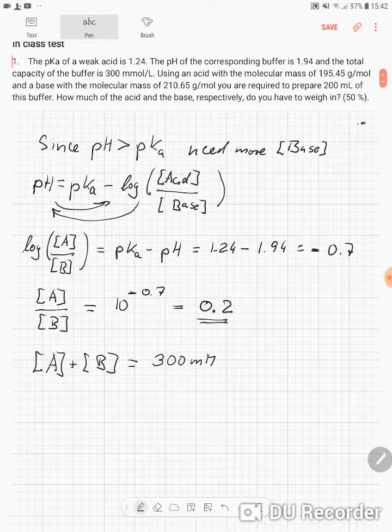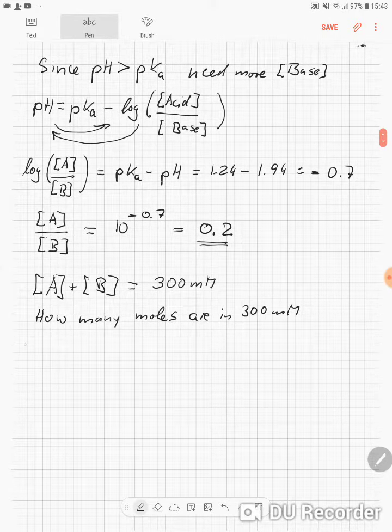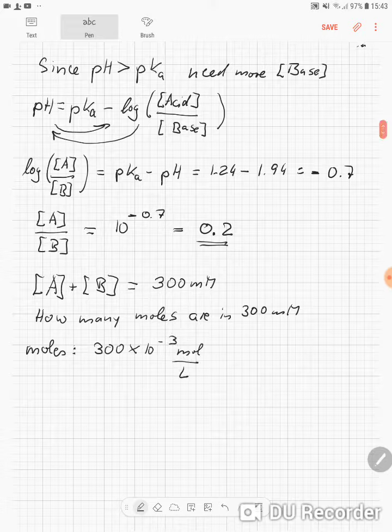So we can calculate how many moles are in 300 millimolar of the buffer. So we're looking for moles. So here we have 300 times 10 to the minus 3 mole per liter.